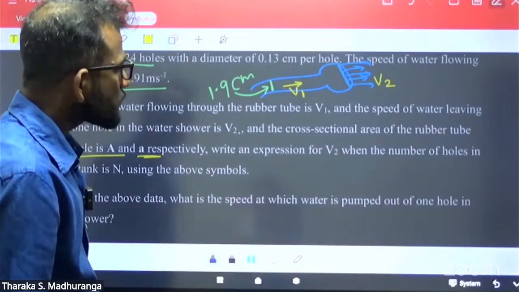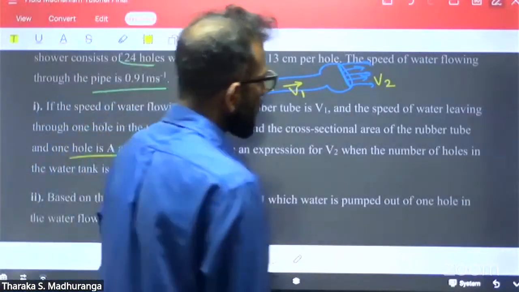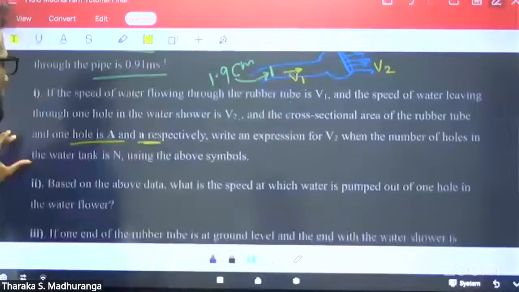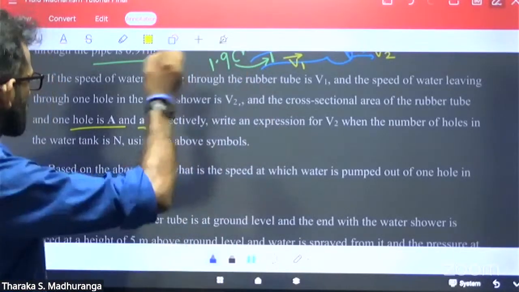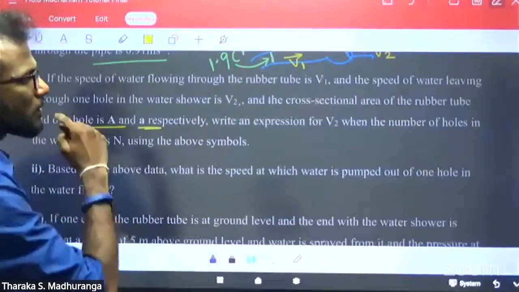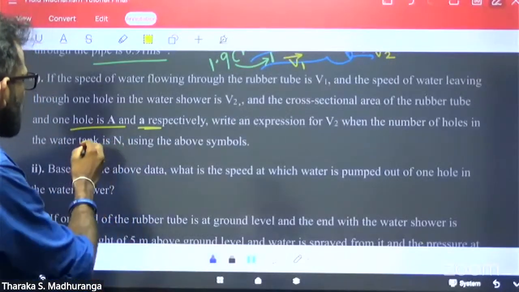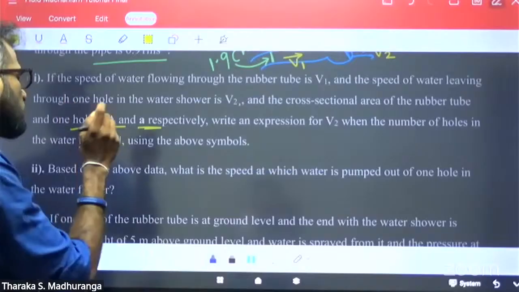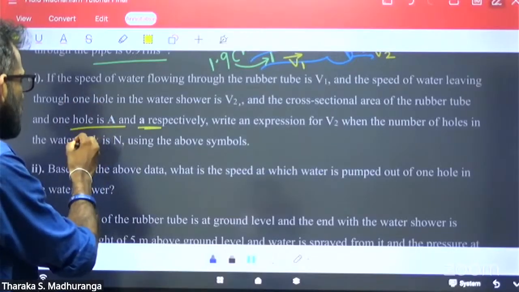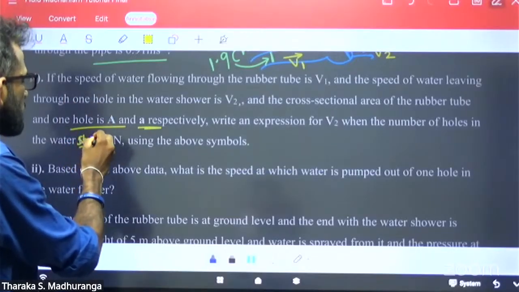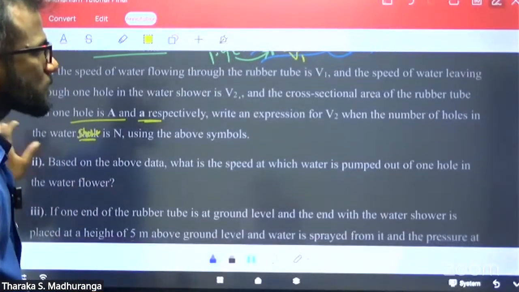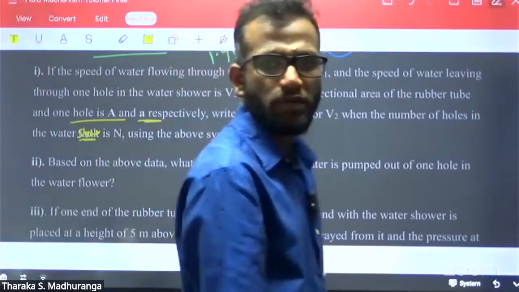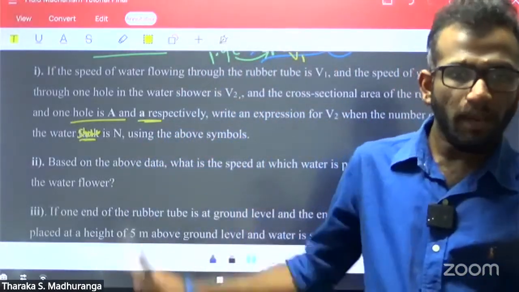Write an expression for V2 when the number of holes in the water shower is N, using the above symbols. Number of holes, capital N.